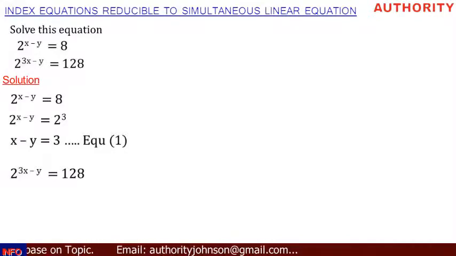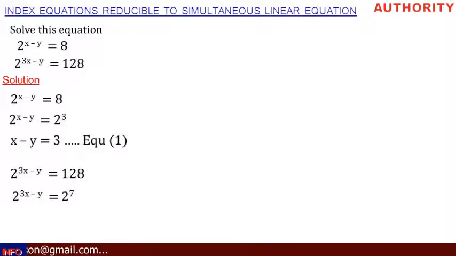We counted this up to 7 places, so 2 raised to power 7 gives us 128.